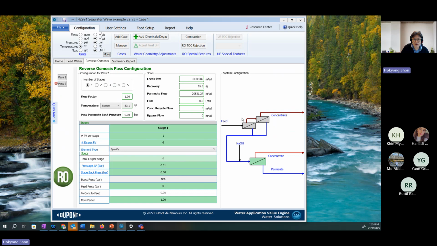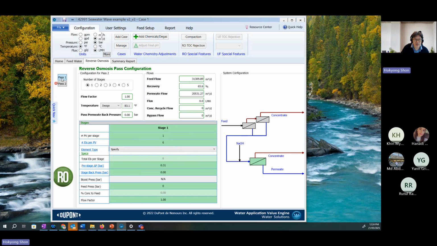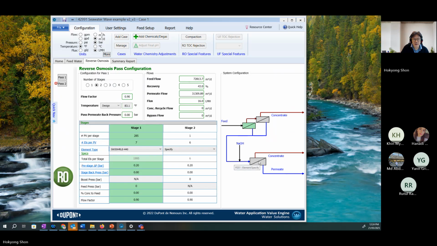So you can have two stages, and then two passes, one pass and second pass. This one is the one pass. Pass one should be two stage, but pass two can be one stage. So you can design such a way.